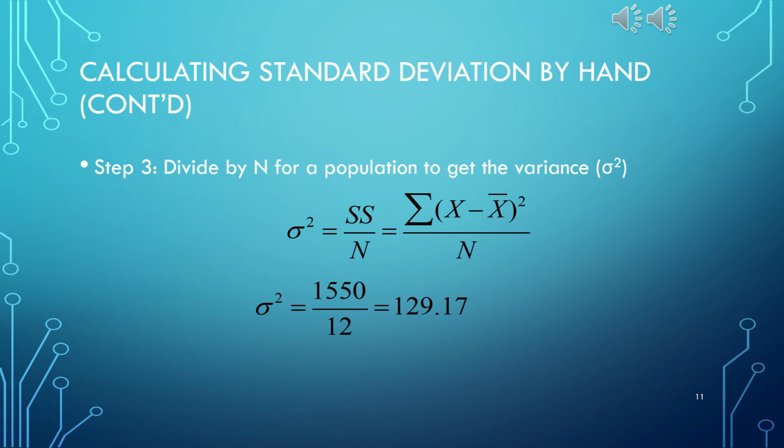And so if you were to actually calculate this using all the numbers on the previous slides, the variance, sigma squared, equals 1,550 divided by 12. There are 12 people in that particular population, there's 12 scores. And then that gives you a final variance of 129.17.